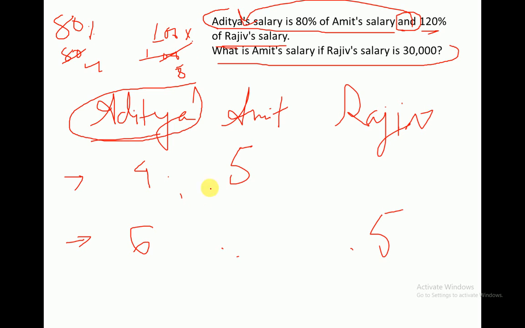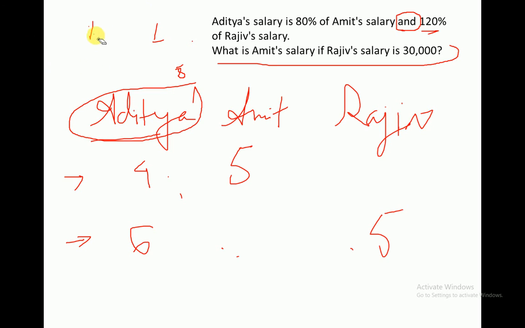Okay, let's do it over here only, otherwise there will be a problem. So let's clear all these. Let's say Aditya, Rajiv and Amit.